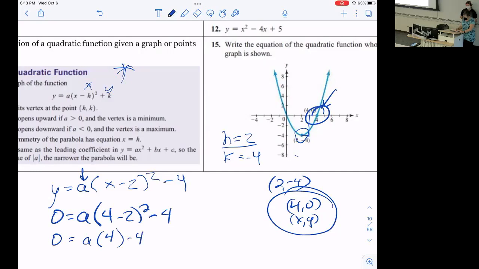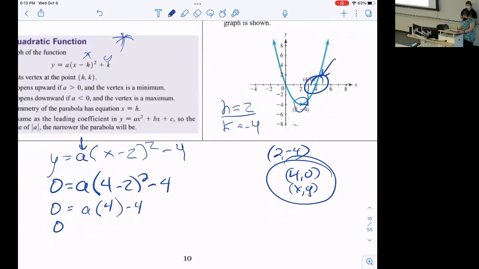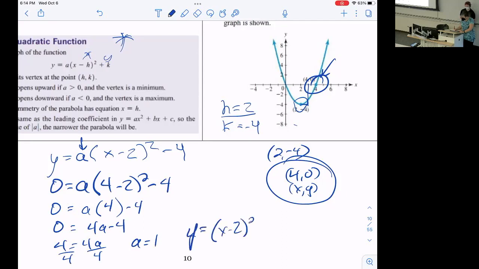So I have, at this point, 0 equals 4A minus 4. We're going to add 4 to both sides, so we get 4 is equal to 4A. Isolating that A by dividing both sides by 4, we get A is equal to 1. So our final equation for this is Y is equal to (X minus 2) quantity squared minus 4.